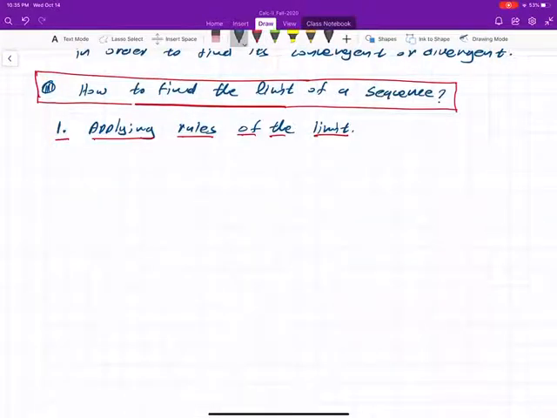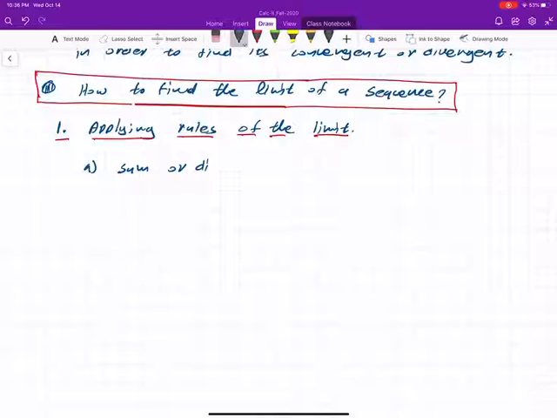Now let's learn this. There are three main rules that I'm going to write. First rule is the sum or difference rule. You have learned this in Calc 1.